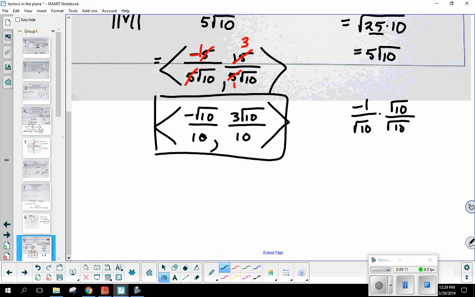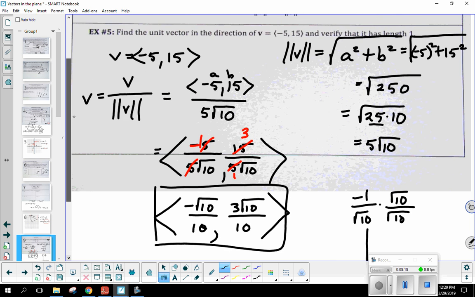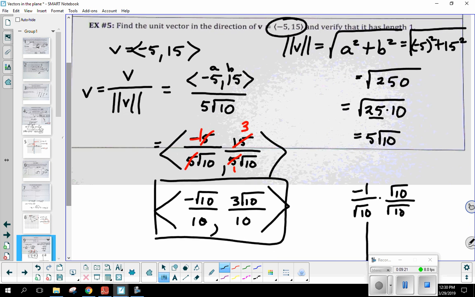Now, let me go ahead and show you exactly what this means. Okay? Think of this as an ordered pair. The original vector, V right here, think of him as an ordered pair. What quadrant would he be in? Oh, not the first one. Why 2? Because, see, the A value is negative, so that would tell me to go left, and then the B is positive, so that tells me to go up.